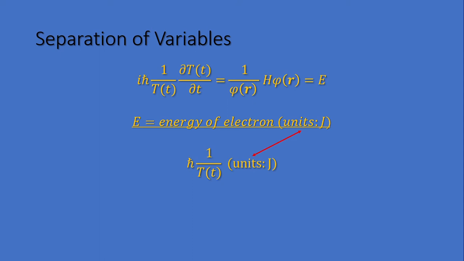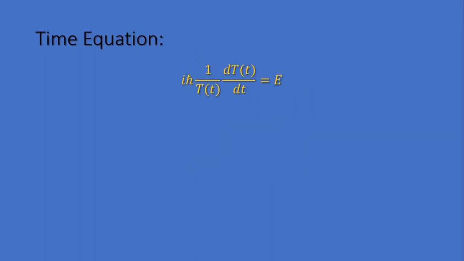First of all, recall that h bar has units of joules times time. So h bar over T must have units of joules times time divided by time, which gives units of joules, that are units of energy. And the other justification is that the Hamiltonian is the total energy of the system.